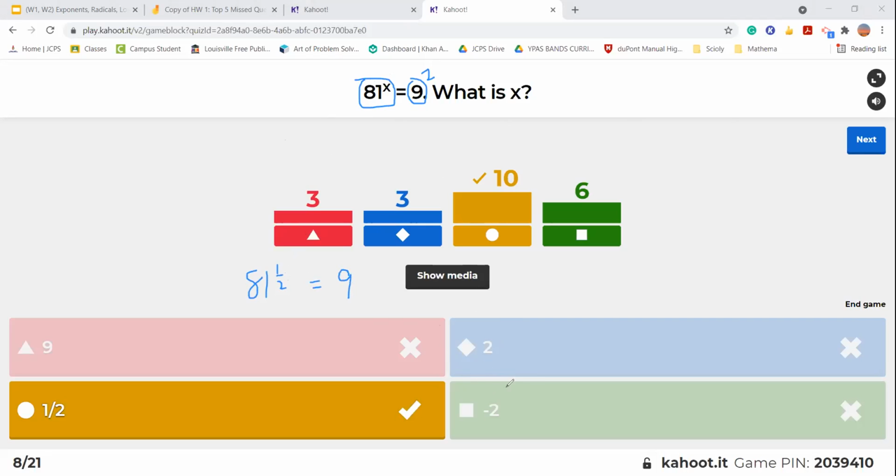But if I do 81 to the -2 power, remember, when I have a negative power, I write my numerator as 1, then write my thing in the bottom. So this would be a very different answer. Do you see that? This would be a really small fraction, and this one is 9.